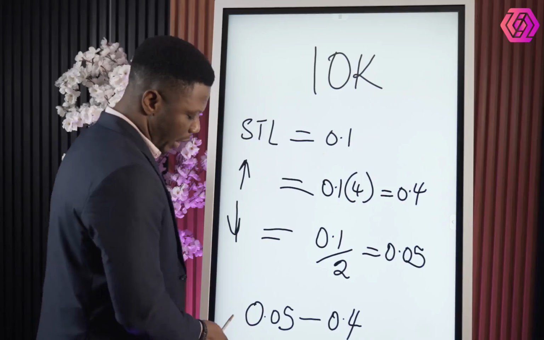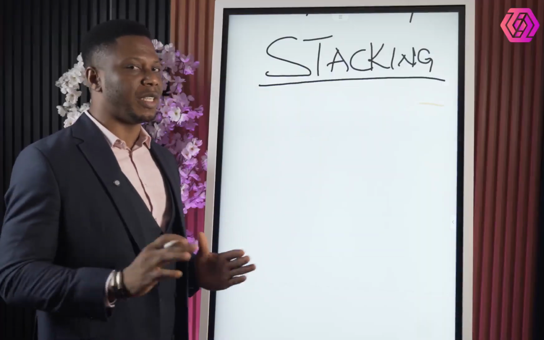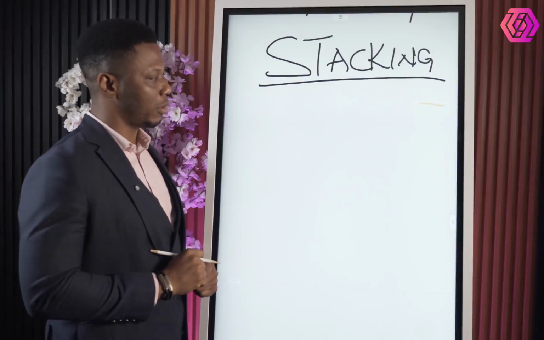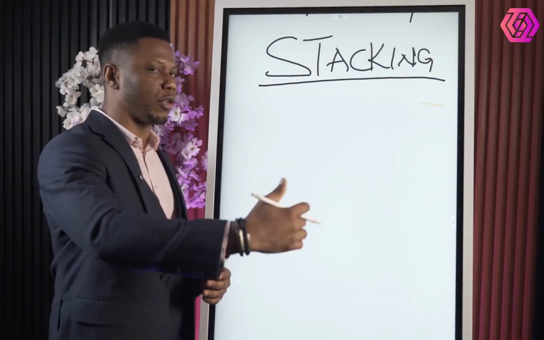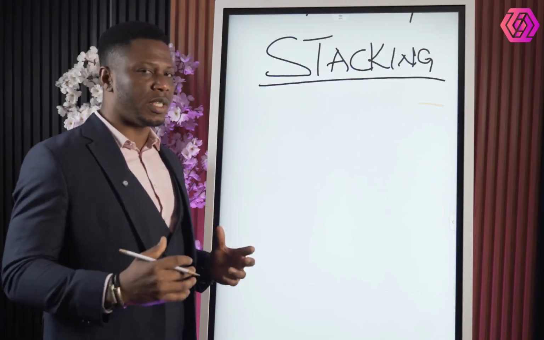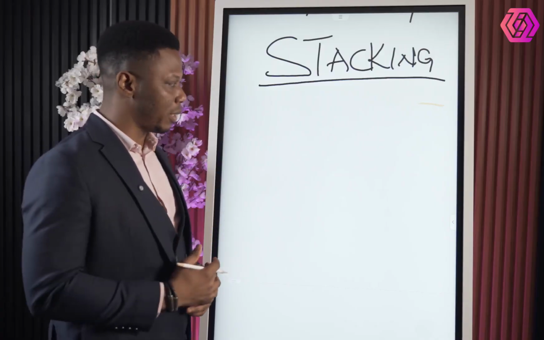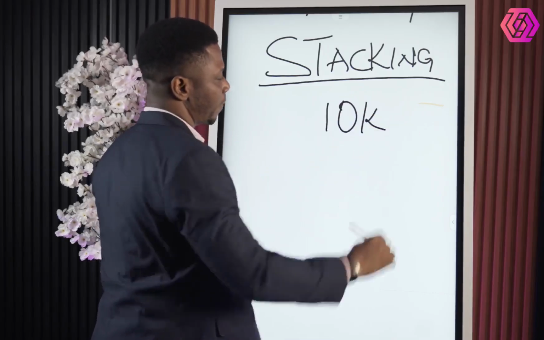All right? Now, this is what we are used to. Now, let's say, for instance, you are trading a $10,000 account and you don't like entering one position. You like taking your trade in multiples of positions, called stacking. The consistency rule still applies. So let's say you're trading a 10K account, right?